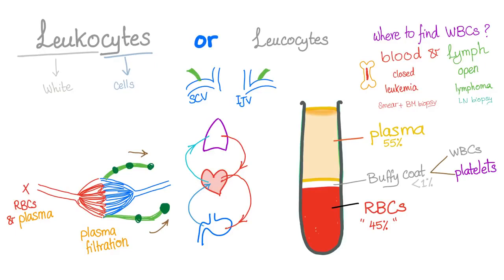How about the lymphatic system? It's not a closed system, which means it starts at the capillary interface. As your blood is getting filtered through these capillaries, the cells will stay behind and the plasma will diffuse.